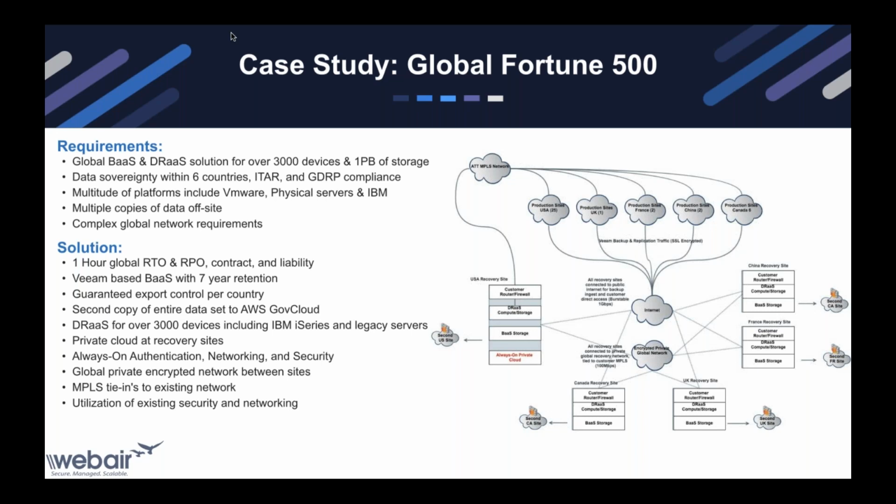We have to integrate with their global MPLS network and provide a privately encrypted network for them on the back end as well, and then provide a ton of compliances and assurances for their auditors. So again, we're talking about disaster recovery as a service. We're talking about replicating with Veeam, but a true solution is going to touch on all these other ancillary components, a lot of them having to do with networking, security, always-on workloads, and managed services.